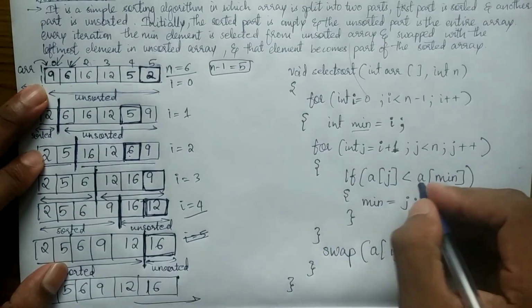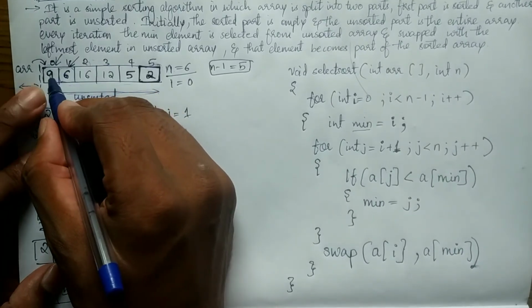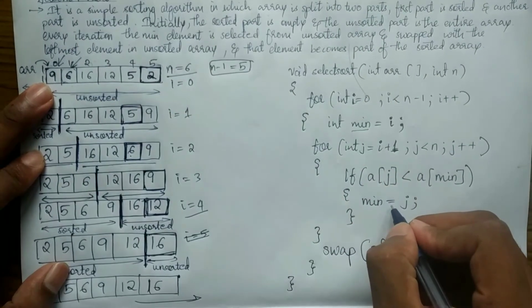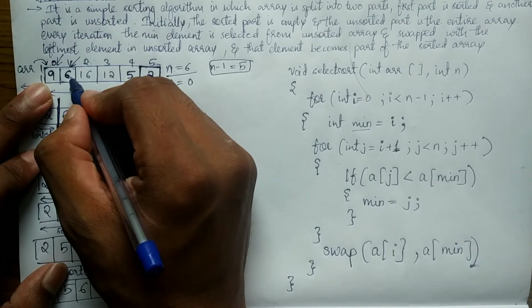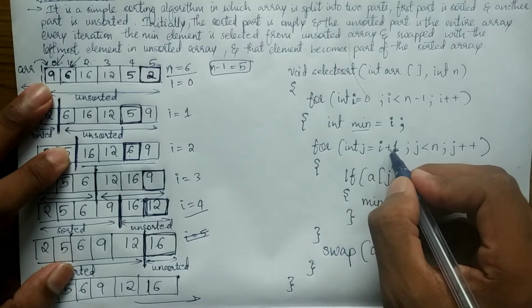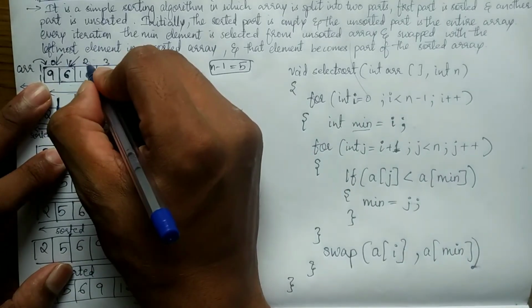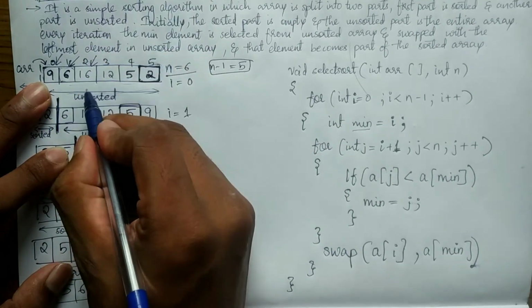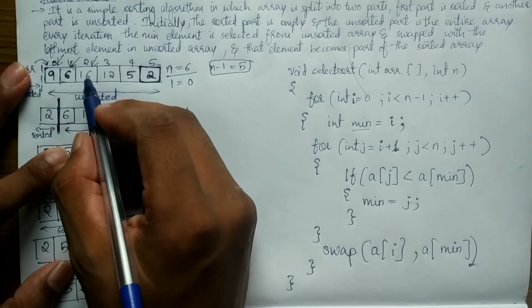So if a of j is smaller than a of minimum, means when this 6 is smaller than 9, we'll make minimum j, so we'll make minimum 6. Now in the next iteration, j will point here, right? So again our minimum element was 6.